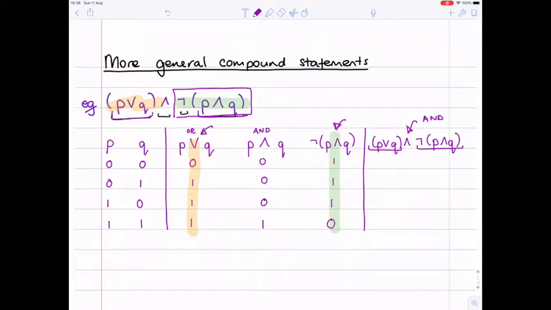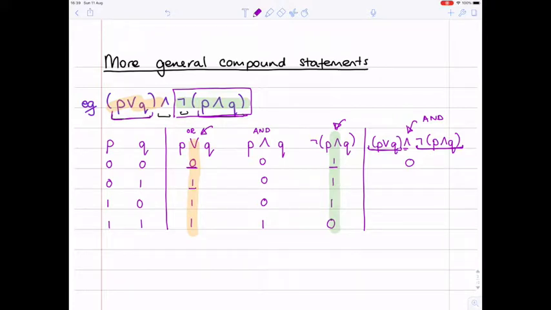So we're using whatever we find in this column and whatever we find in this column and making the appropriate choice. So if we start when P or Q is false and not P and Q is true, then we have false and true, which when we join with and, we know is false.